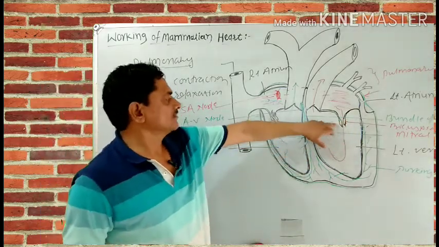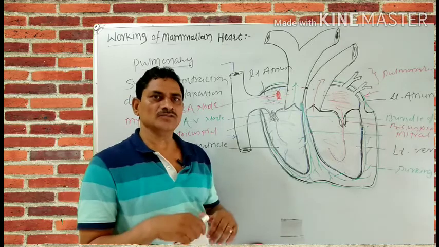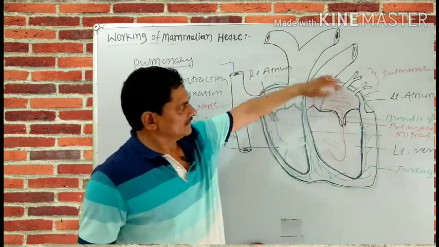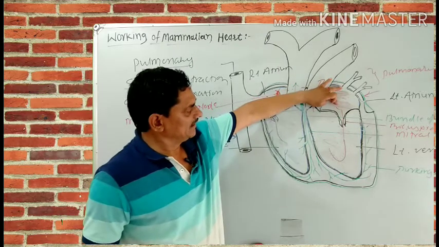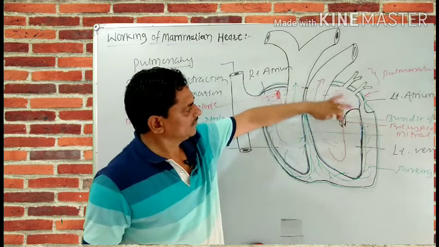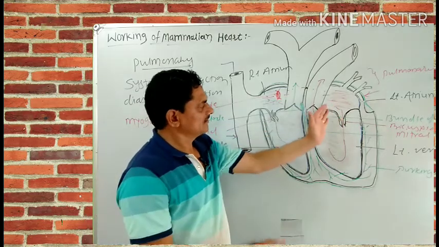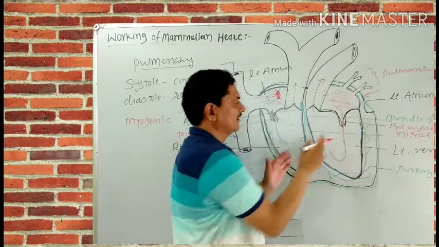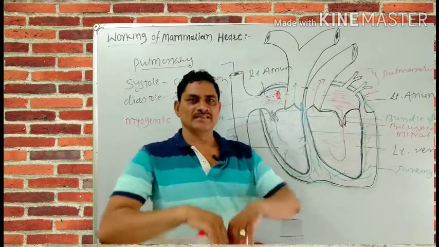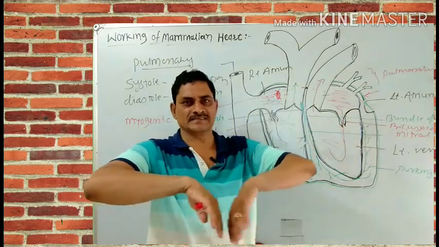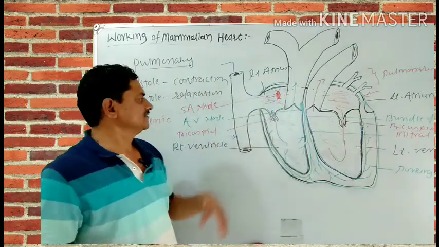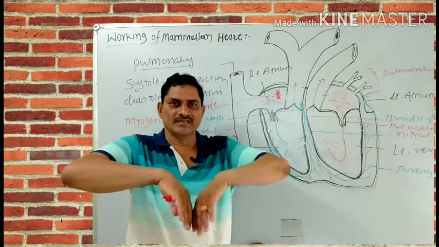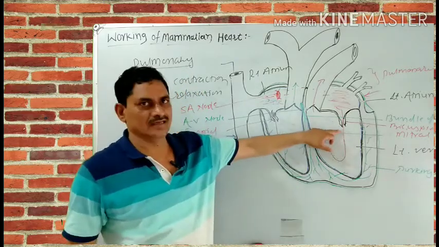These valves control or regulate the blood flow. Through the left atrium, the blood flows into the ventricle. At the time of flow from the atrium to the ventricle, these valves open like this. This tricuspid valve also opens downwards, towards the ventricle.